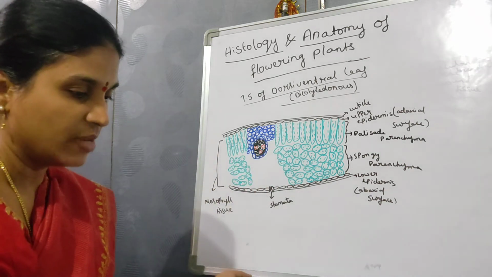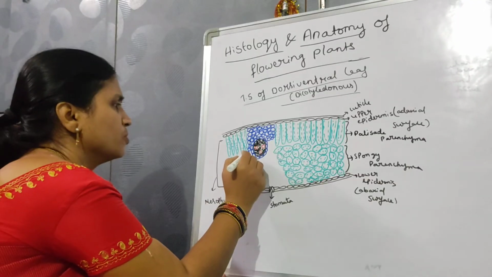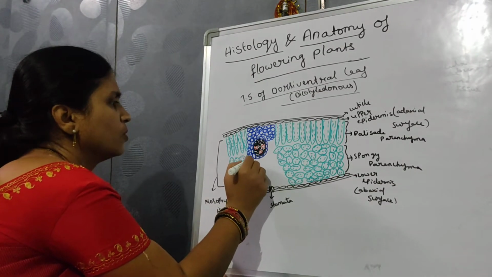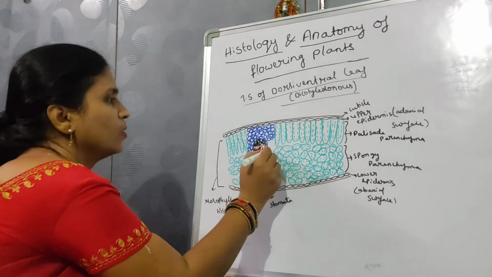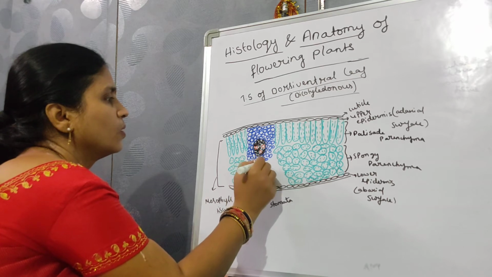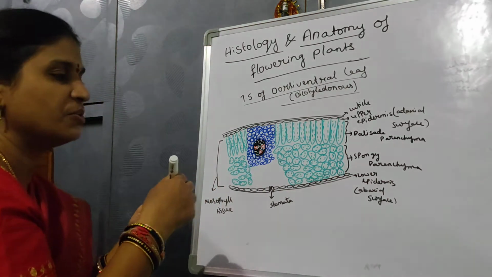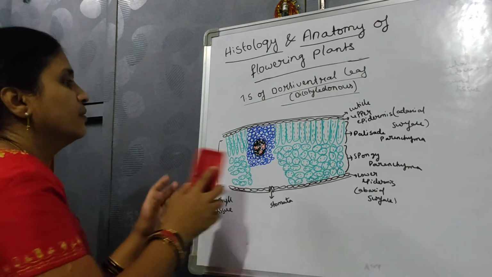These are the bundle sheath cells. Okay, you can draw with green also, or else we'll draw with green, it will be easy. Okay.